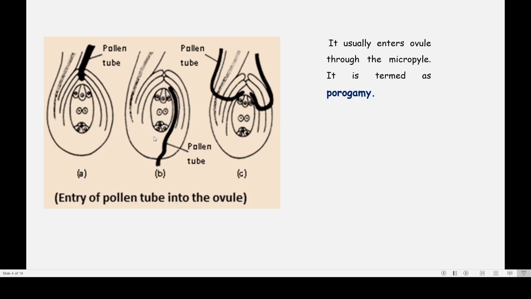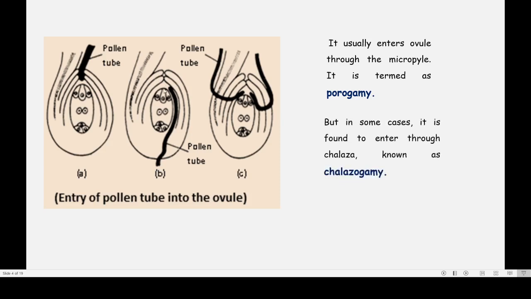In the second diagram, you can see that the pollen tube is trying to penetrate the chalazal end. This is the chalaza, and it is entering through the chalaza and then going to the ovule. This condition is known as chalazogamy.